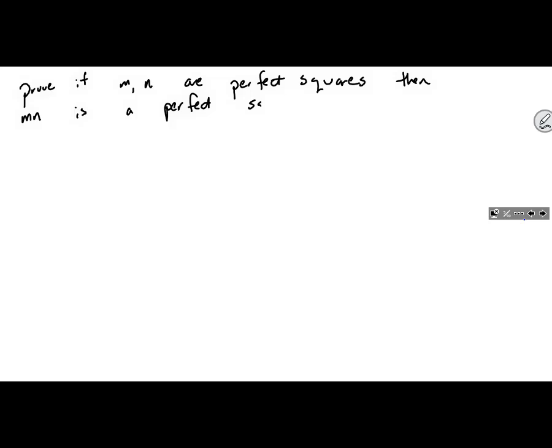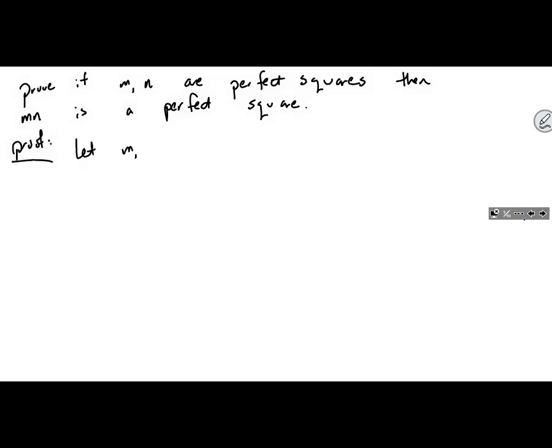Okay, let's do another example. Prove that if m and n are perfect squares, then their product m times n is also a perfect square. So, proof.